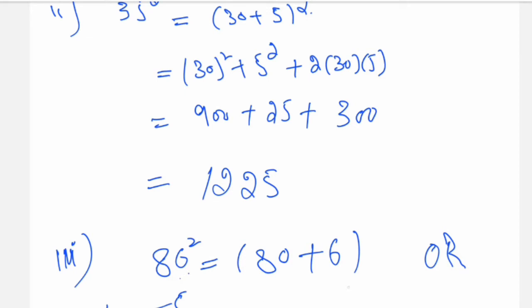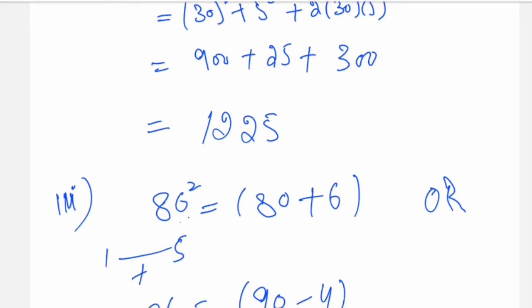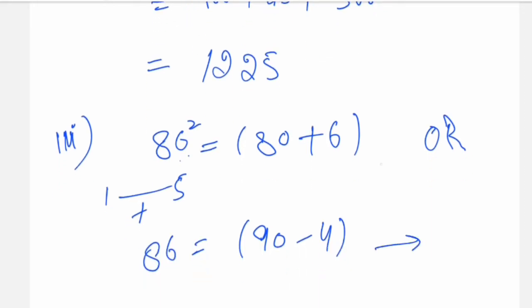So 86 you can write as 90 minus 4. It is the same. You can write it either this way or that way. I'll do both.